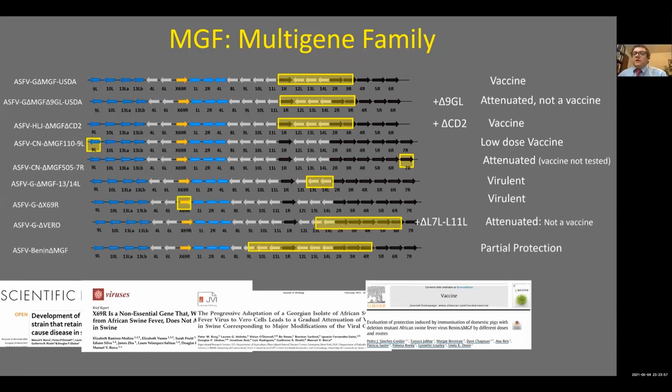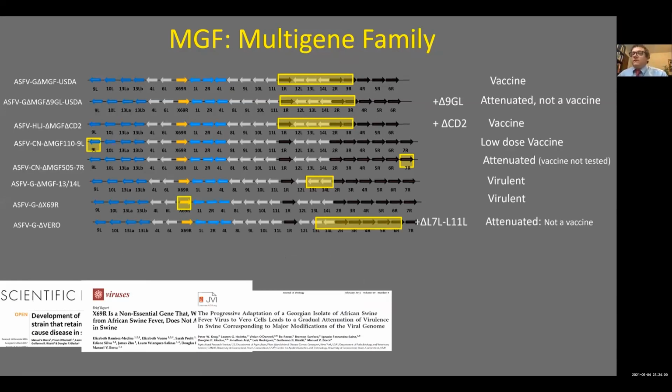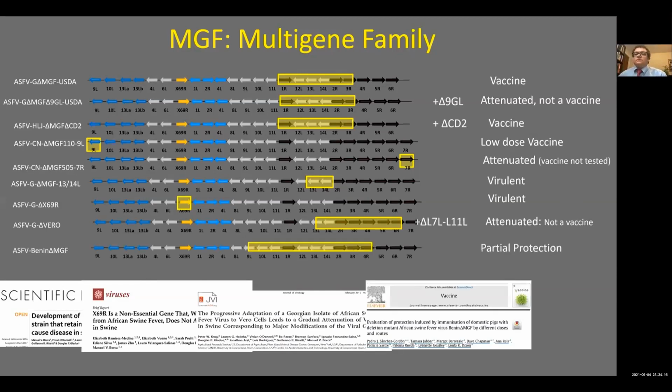And I also want to point out that in our Vero adaptation, this deletion, along with a deletion called L7L to L11L, encompassed part of our MGF vaccine deletion, but not all of it, and some other MGF genes. And this was attenuated and was not a vaccine.